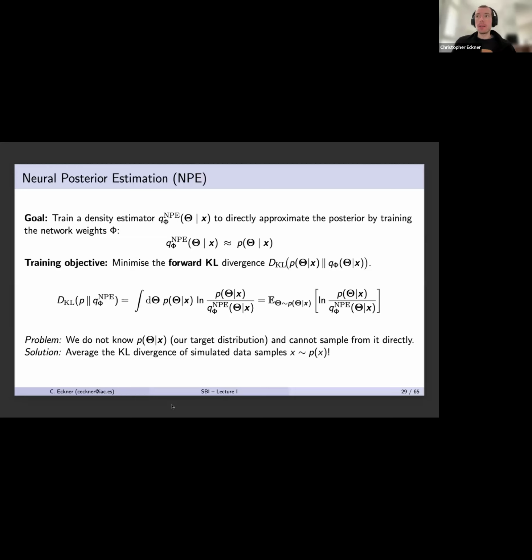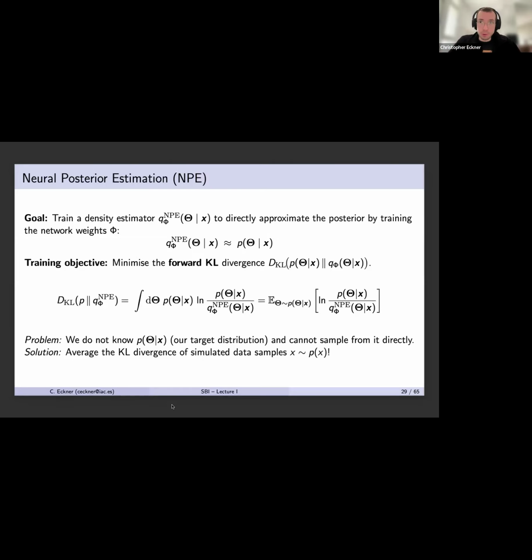Now, we have neural posterior estimation. And what is the goal of neural posterior estimation? The goal is to train some density estimator to approximate the true posterior of the problem.